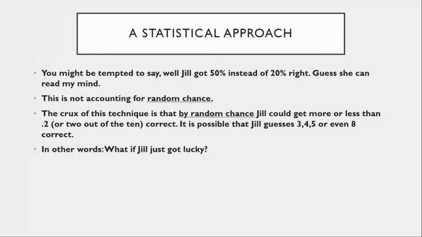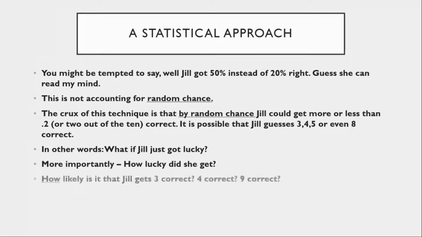Well, in particular, we want to know then, how lucky did she get? Because we don't just want to hand wave and say, oh, she got lucky. It's important that we be able to describe exactly how lucky she would have gotten. So how likely is it that Jill could have guessed 3, 4, 9 of them correct?